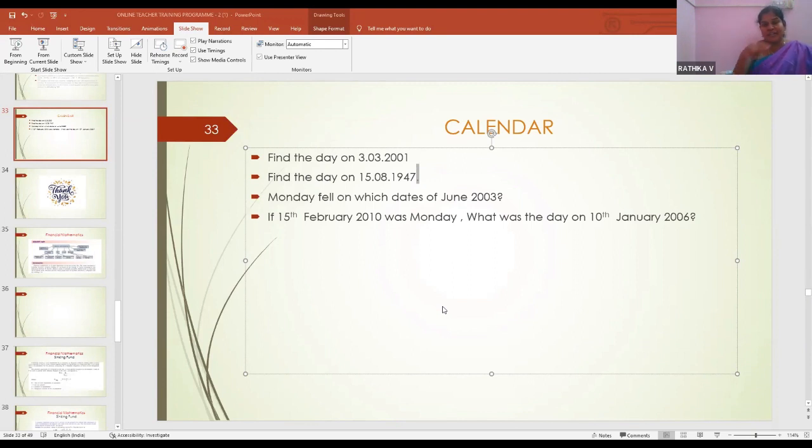So Monday will be the 2nd. All the dates 2, 9, 16, 23 of the month will be Mondays. The calculation is based on these odd days only.